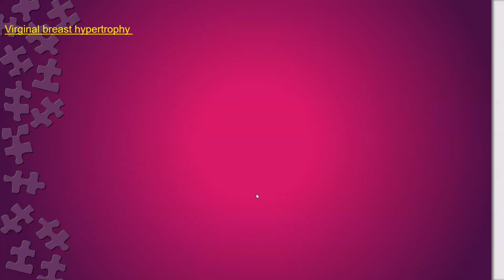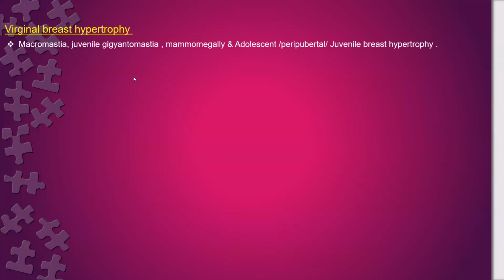So, what is virginal breast hypertrophy? These are the alternative names, as we mentioned, and it is a rapid and massive enlargement of one or both breasts in perimenarchal girls, either before, during, or just after menarche.